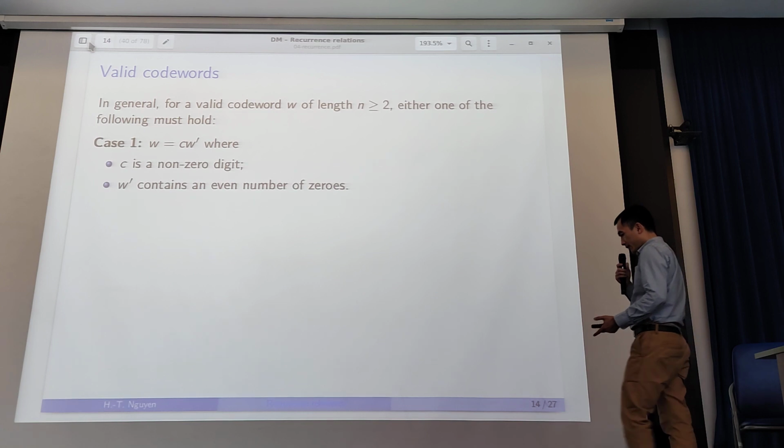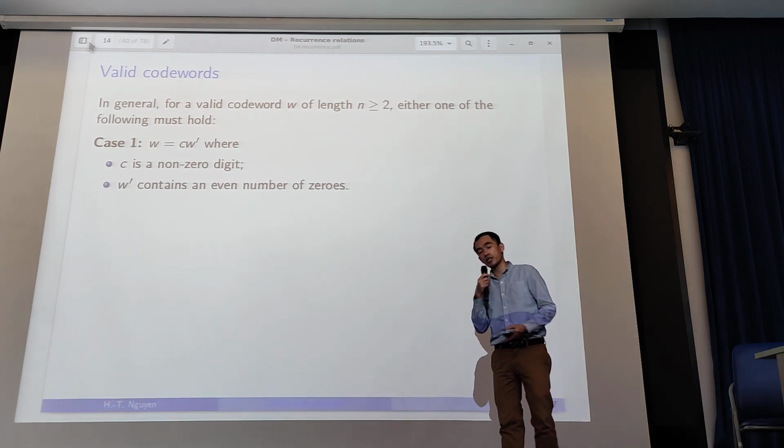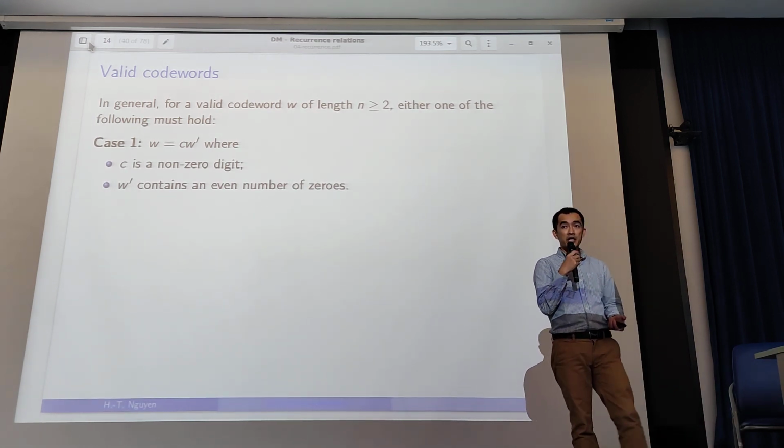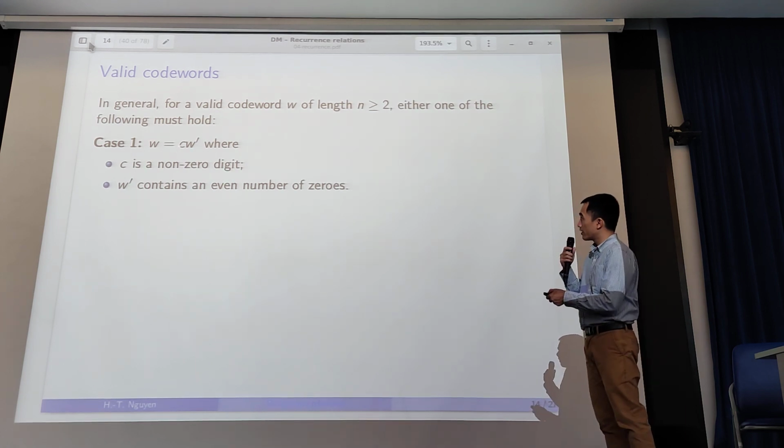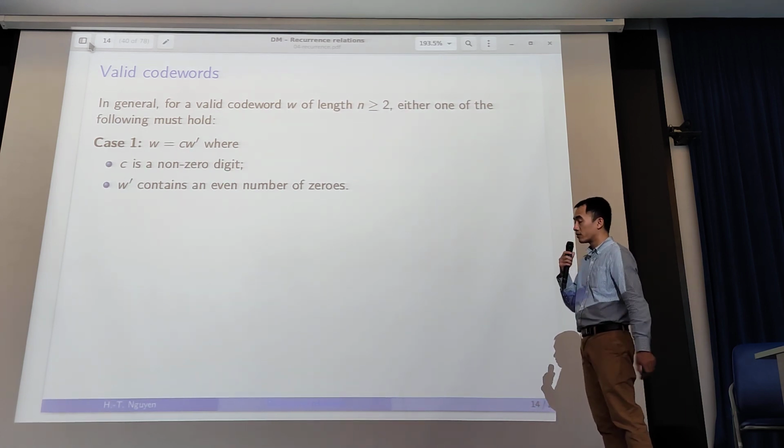And we will distinguish 2 cases based on whether this first character C is 0 or not.